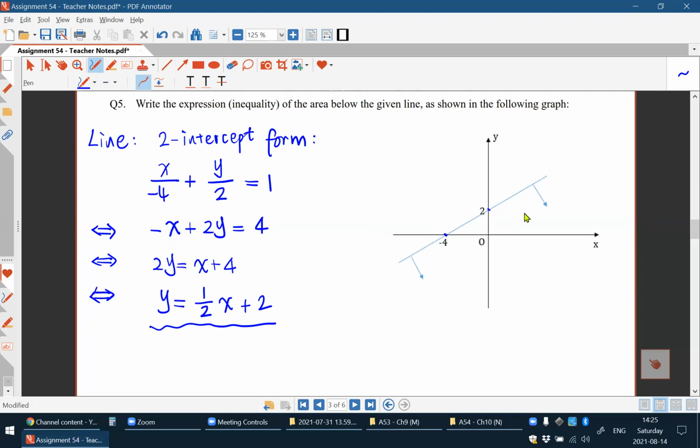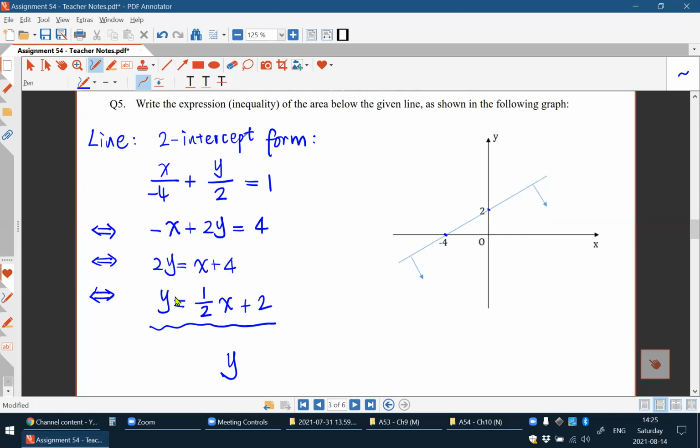And note that the shaded area is just below this line. And also the line is a solid line. So the area is denoted by an inequality because the area is below this line.